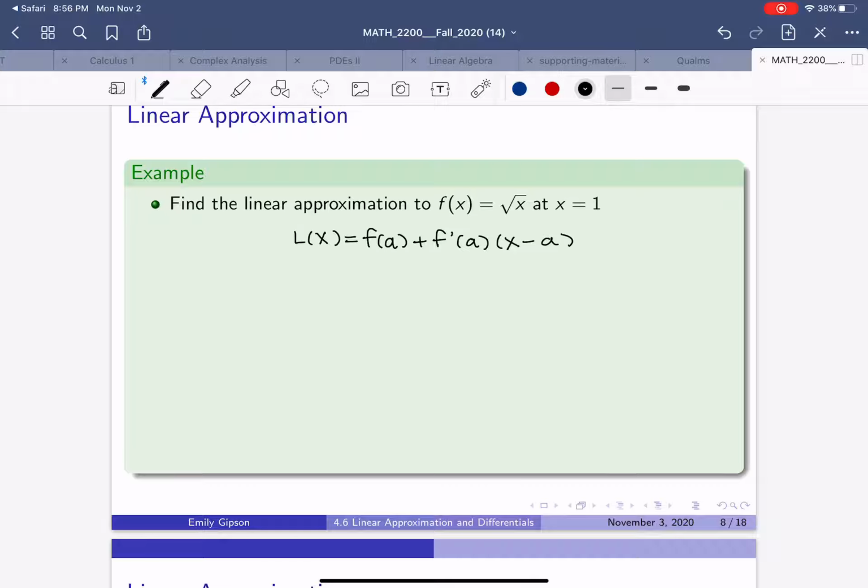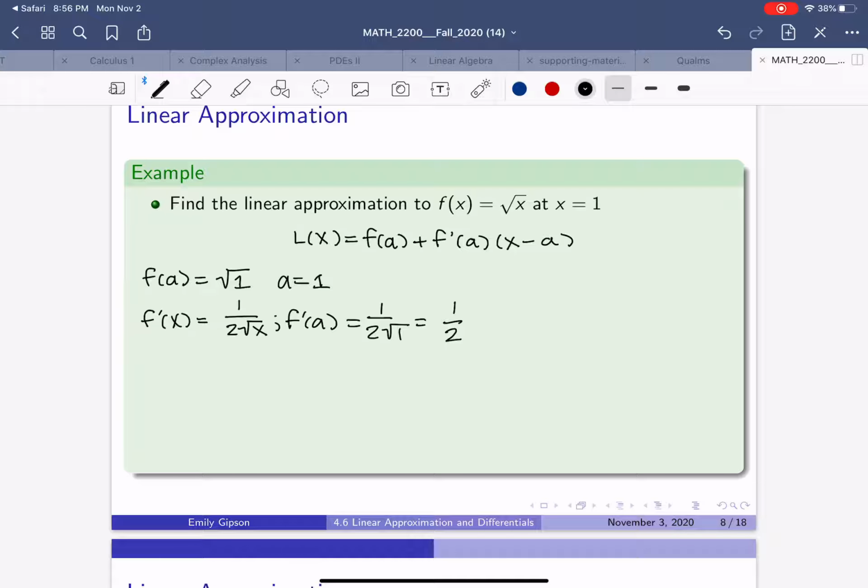We know that f(A) equals the square root of the value 1, f prime of x equals 1 over 2 times the square root of x, which means f prime of A equals 1 over 2 times the square root of 1, which is just 1 over 2. And then we have A equals 1.